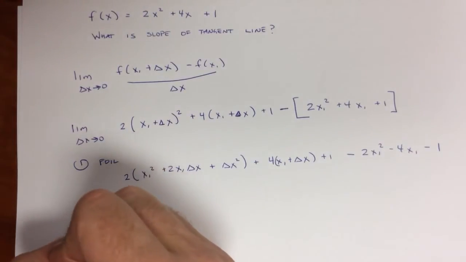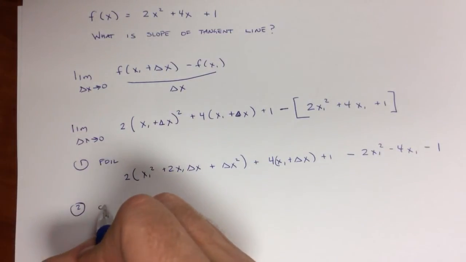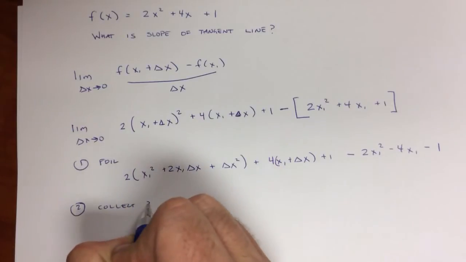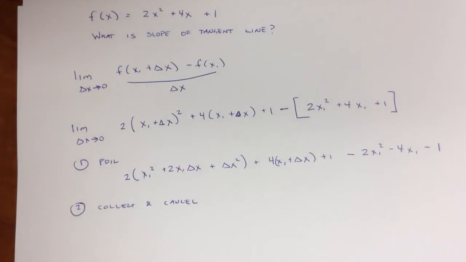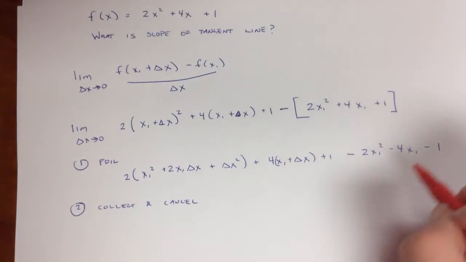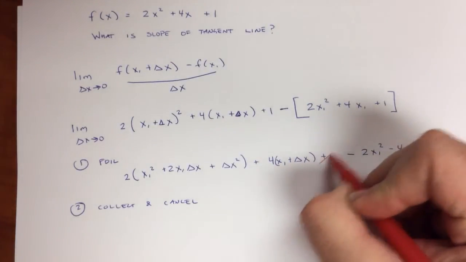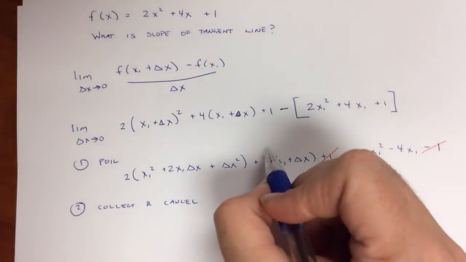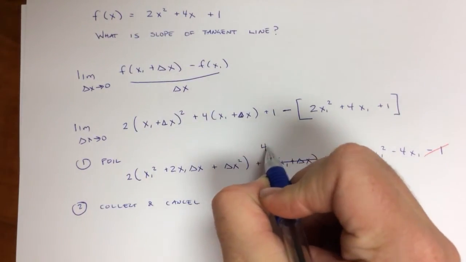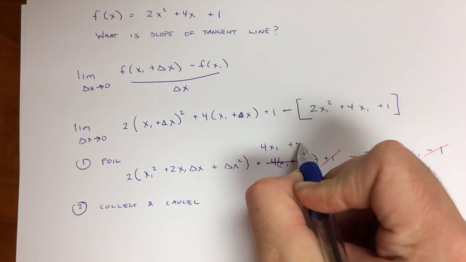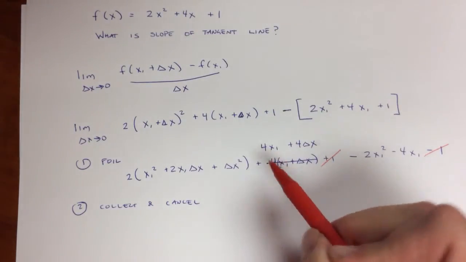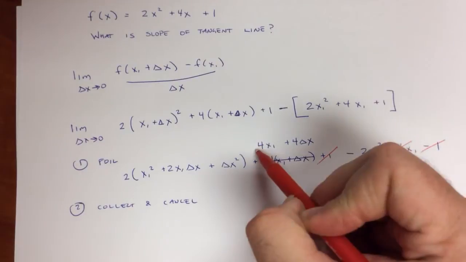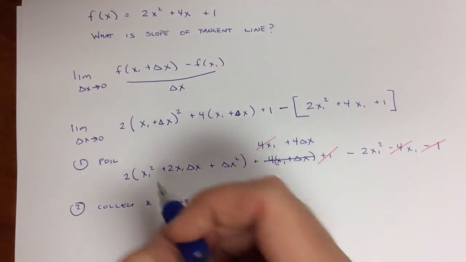Okay, step 2, collect and cancel. So one thing I can notice right away, I have -1 there, +1 there. I'm going to collect these, so I'll get 4x1 plus 4 delta x. So here's a positive 4x1 and negative 4x1. Those cancel.